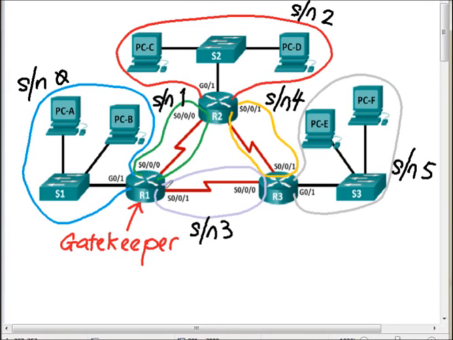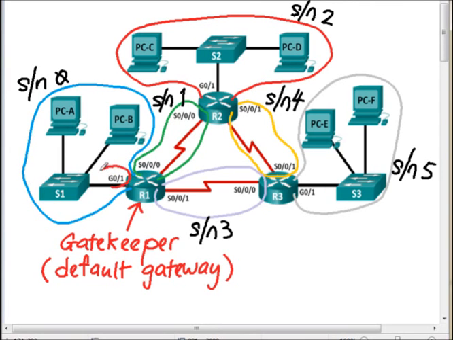This gatekeeper is sometimes technically called the default gateway for this subnet. And how do we know which interface they exit from? In this case, the default gateway for subnet 0 is this G0/1 over here. This is the interface to exit from subnet 0.